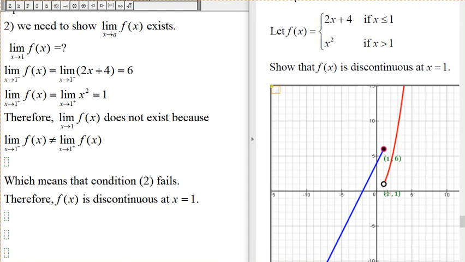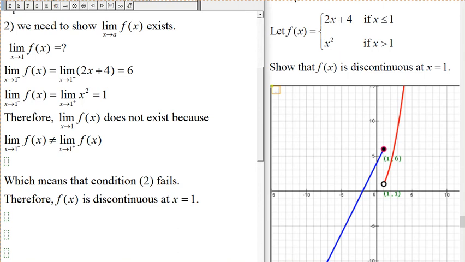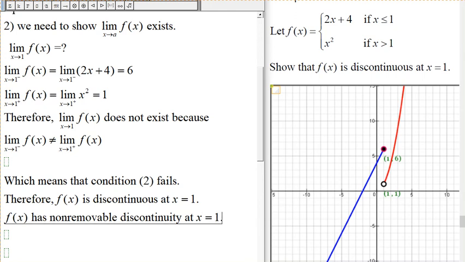And again, at x equal to 1, we have a gap right here, and we say that f of x has a non-removable discontinuity at x equal to 1.